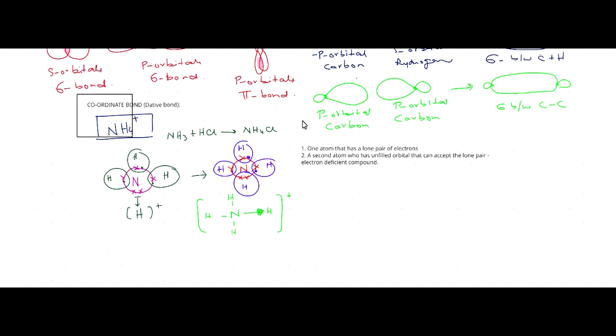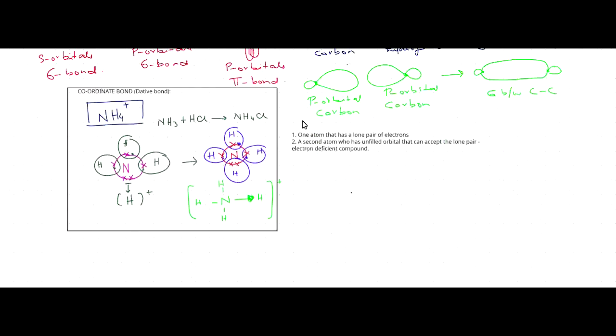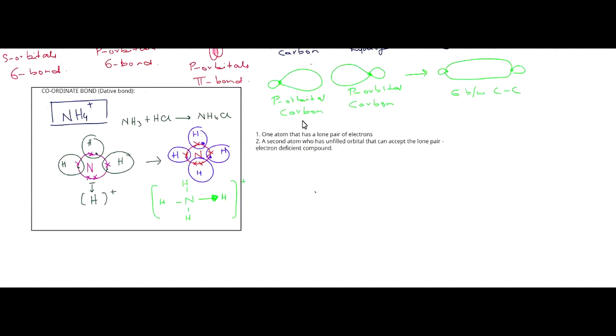There are two specific requirements. Requirement number one, you need a lone pair of electrons that can be donated. And secondly, the second atom has to have unfilled orbitals that can actually accept the electron lone pair. Yes, so it needs to be electron deficient.